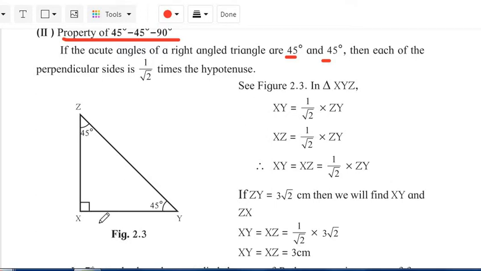That means XY is equal to XZ is equal to 1 by root 2 times this hypotenuse.